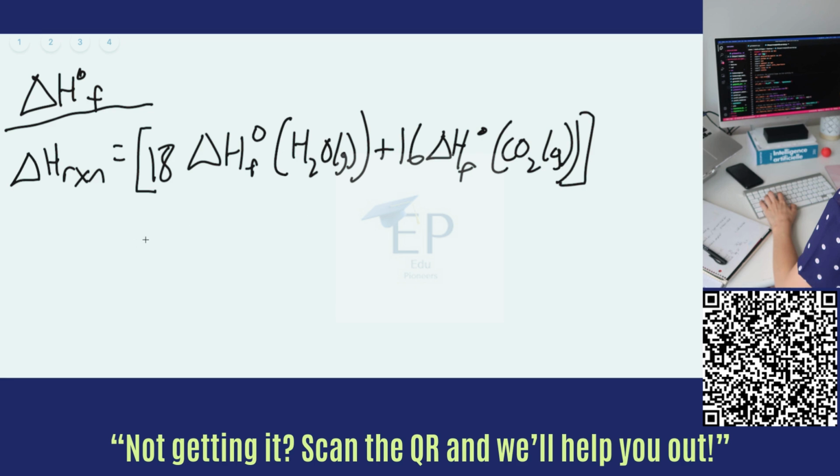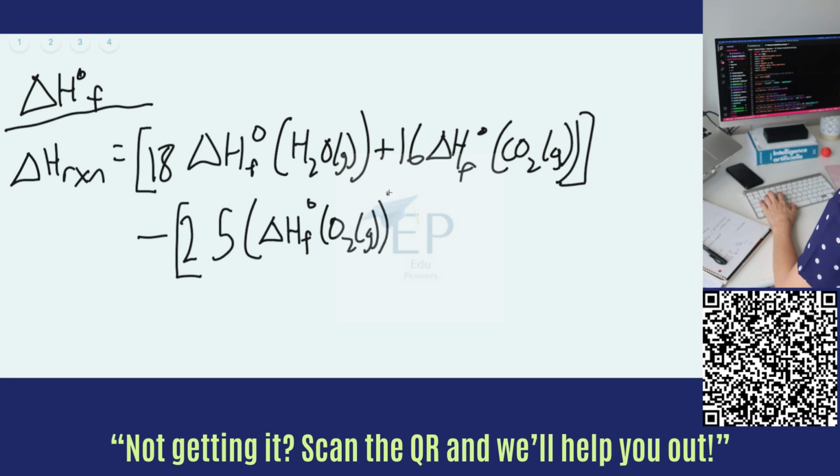And then we subtract the reactants. We have 25 times the delta H of formation of O2 gas, which is 0. And then we subtract the whole thing, so we'll add the 2 times the delta H of formation of our octane.